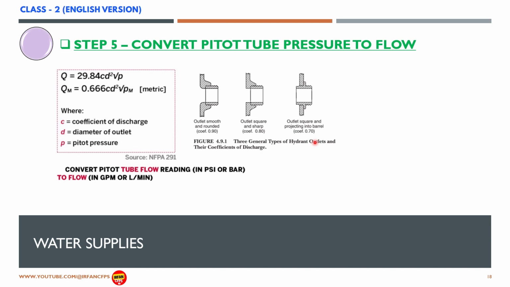Let's take an example here. For example, in this case, we consider the hydrant outlet to be smooth and rounded. Then we need to consider the coefficient as 0.9. Let's write the formula here.